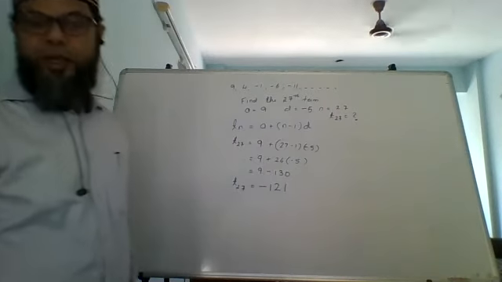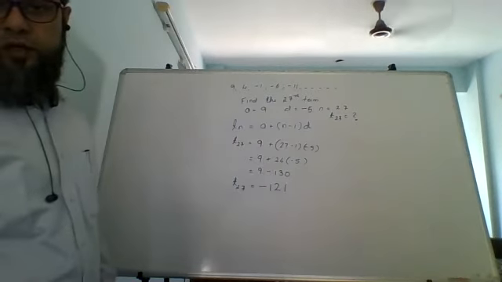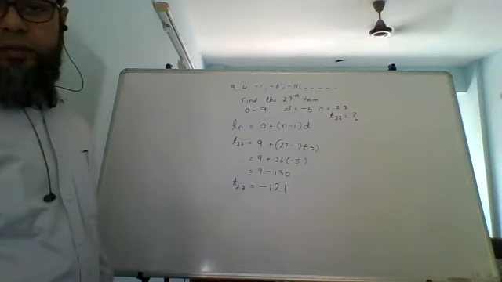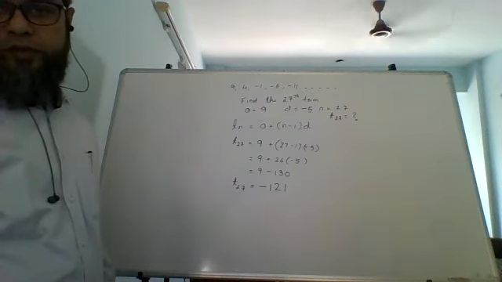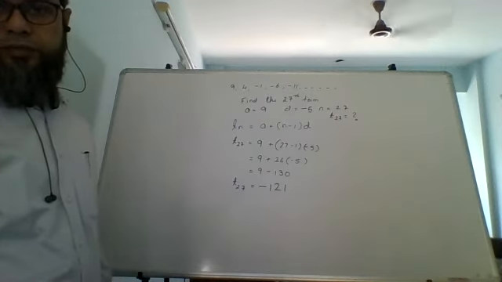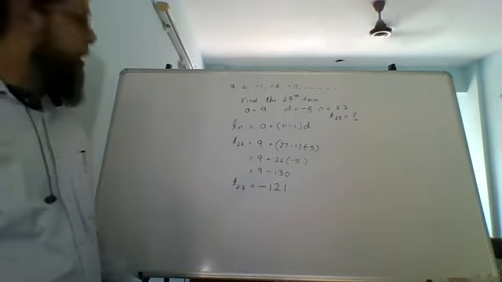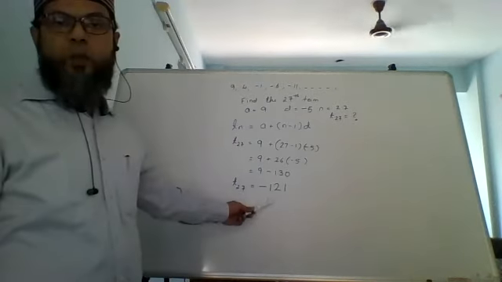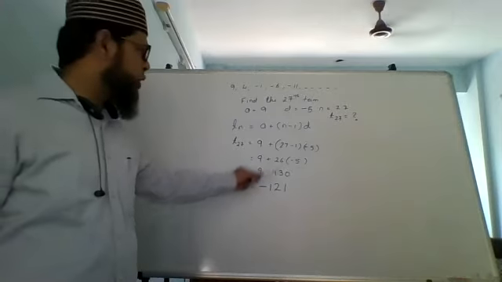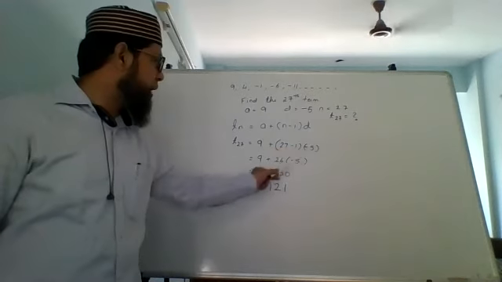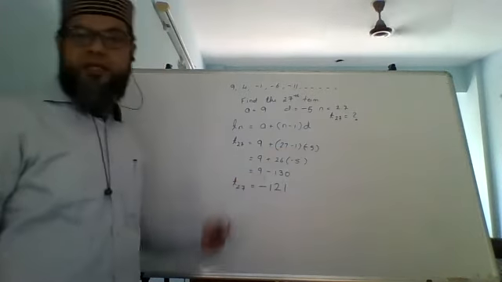Are we clear where we made mistakes? Yes, sir. A small mistake remains, but that is what happens. So you have to be very careful. Okay, it is not 139, it is not minus 139, but it is minus 121. Because just this sign, you took it as 130, made it plus 139, gone.